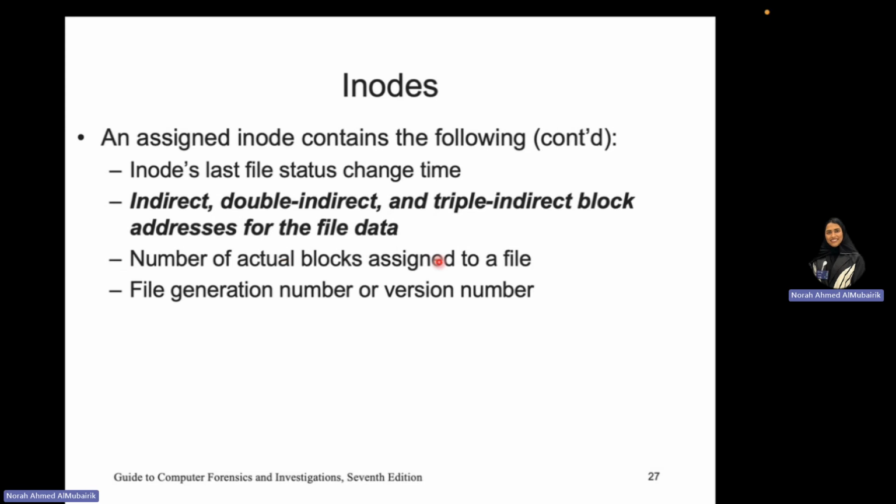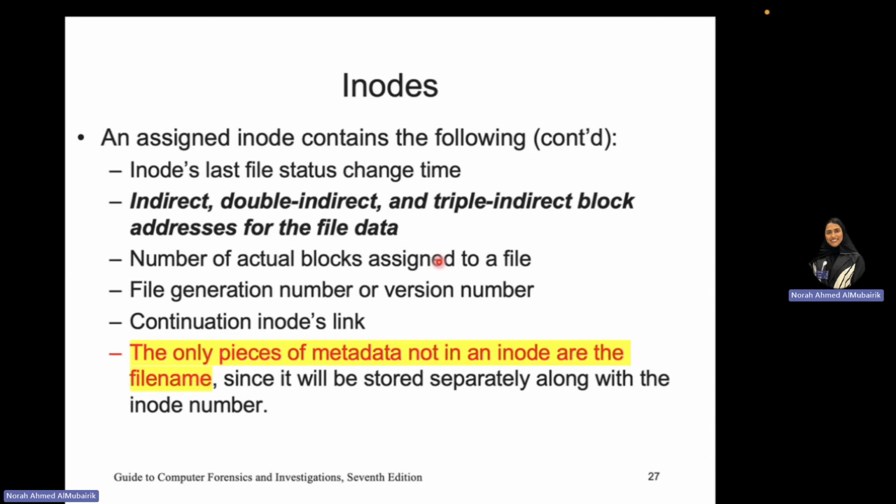File generation number or version number is stored in the inode. The continuation inode link is also stored there; these are different information stored in the inode. The only piece of metadata not in the inode is the file name. So the file name is not actually stored in the inode, it's stored separately along with the inode number.